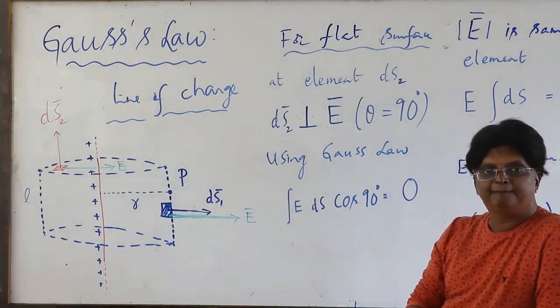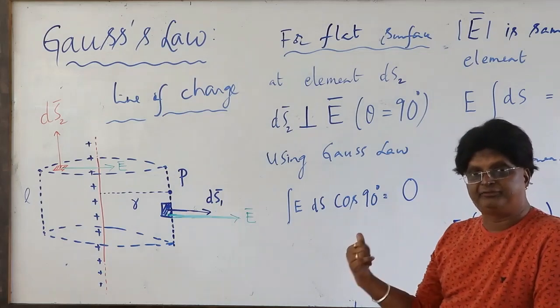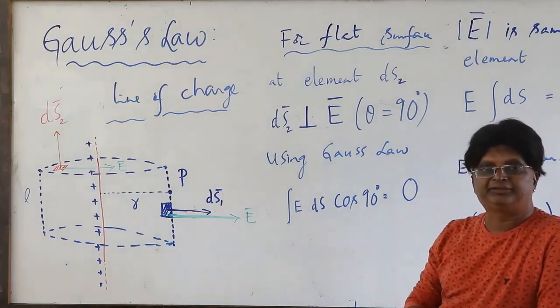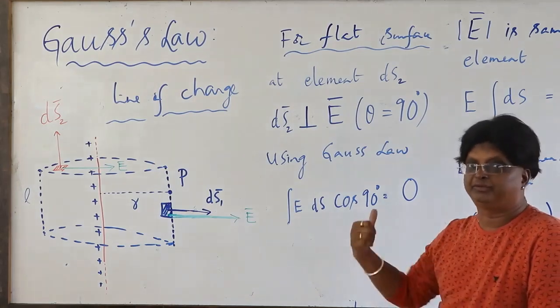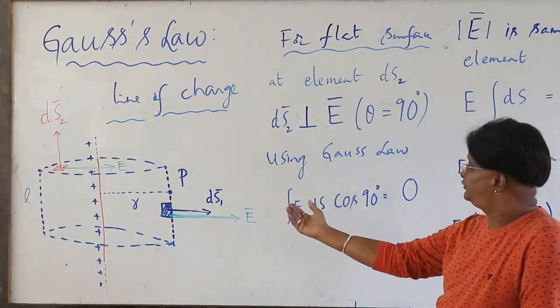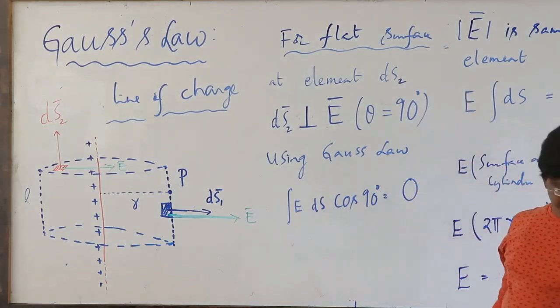Right? Here in this case, there are two types of surfaces for the Gaussian surface. One is plane, one is the curved part, which is contributing to the flux. But for the flat surface, this is 0.